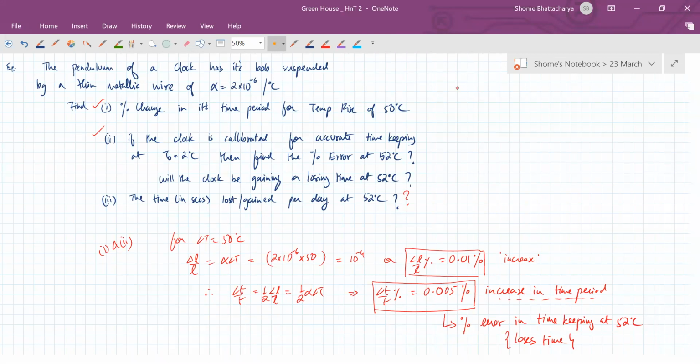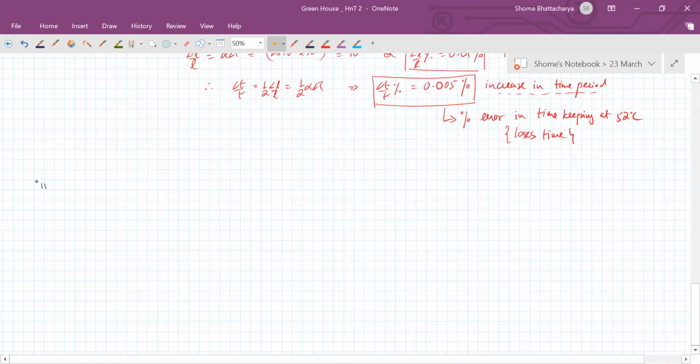Now that you got the percentage error and you know that it is losing time, it's very easy to calculate. No, check your calculation, Yash.